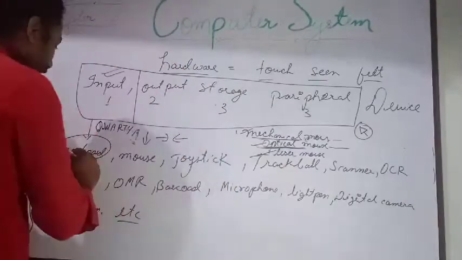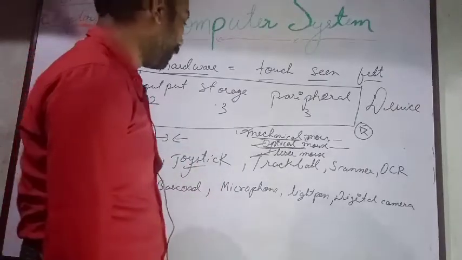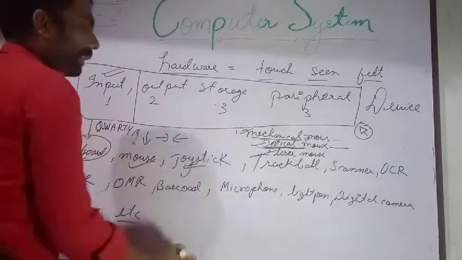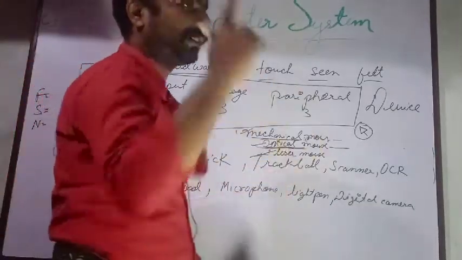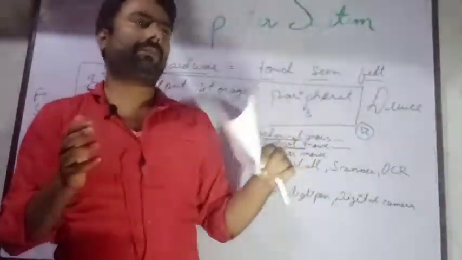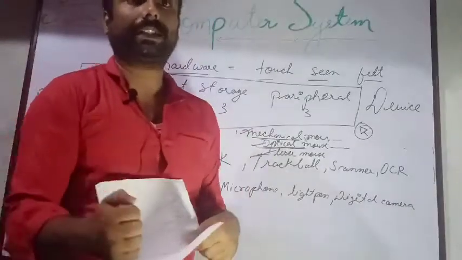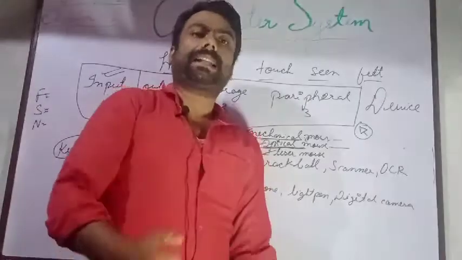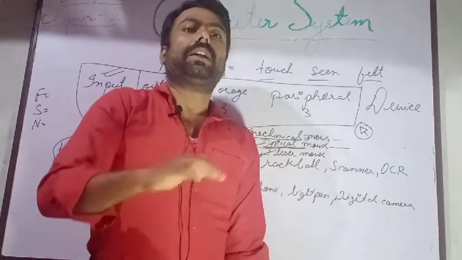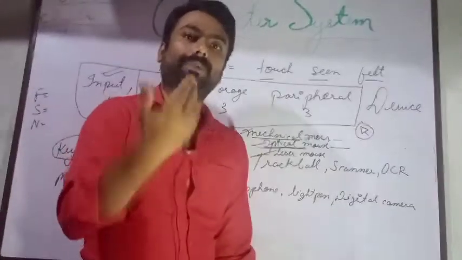So today I have told you about the keyboard and mouse, and the joystick is also a type of pointer. There is a ball fixed on the joystick. In the older days, we used to play video games in which the joystick was used. We would hold the handle, and the joystick is connected to the computer and to the software.